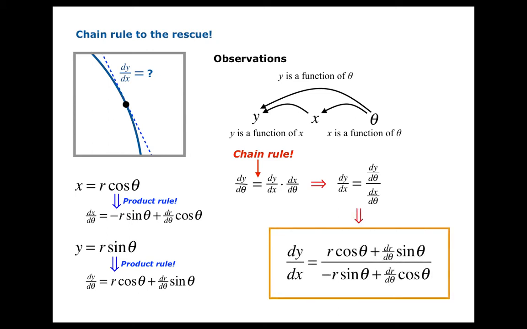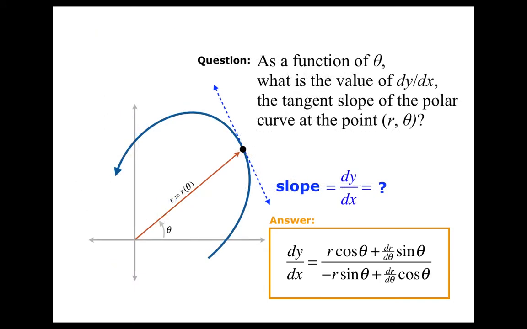And when you plug those in, you get a formula for dy dx, and you'll notice that everything on the right-hand side of the equation is a function of theta. You have r, which is a function of theta, dr d theta, once you take that derivative, that will be a function of theta, and of course cosine theta and sine theta are functions of theta. So all that information gets dumped into the formula, and there's your formula for dy dx. And that's the answer to our question.